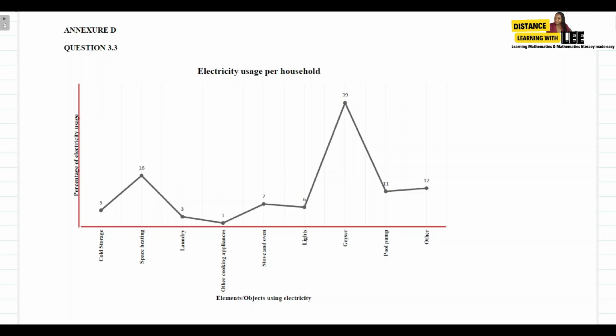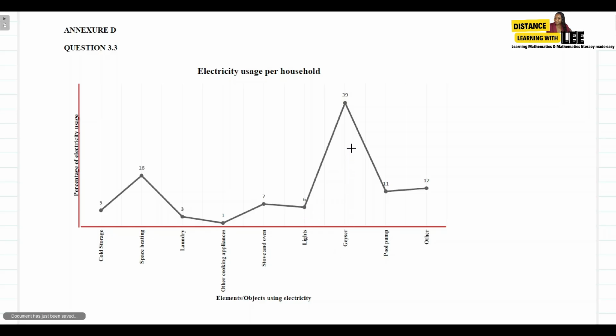So let's just see. We see that the cold storage uses 5% of electricity. The space heating uses 16% of electricity. Laundry, using the washing machine, uses 3% of electricity. Other cooking appliances use 1% of electricity. Stove and oven use 7% of electricity. The lights use 6% of electricity.